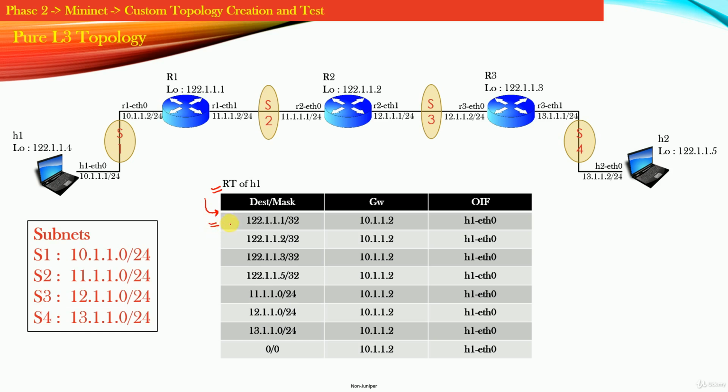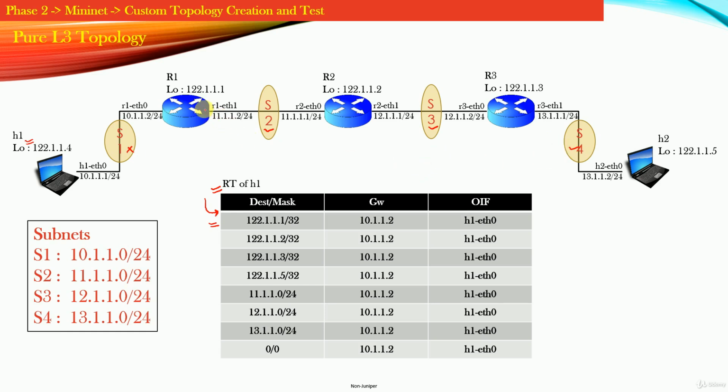Now the question is, with respect to the host machine H1, how many remote subnets are there in this topology? Let us count. With respect to H1, S1 is a local subnet, so it is not a remote subnet. The subnet S2 is a remote subnet, and so are the subnets S3 and S4.